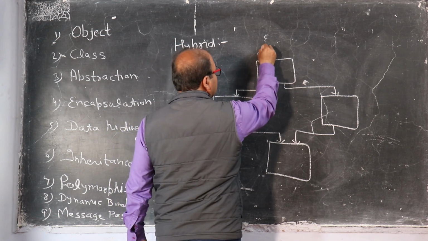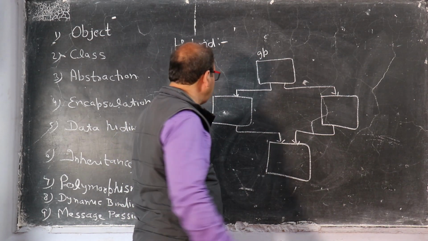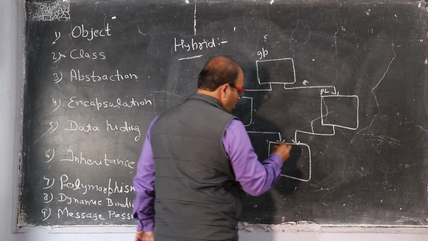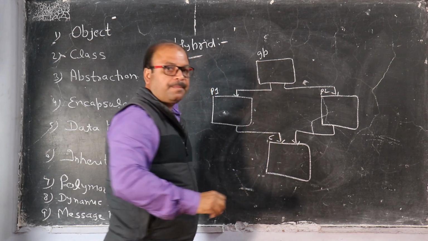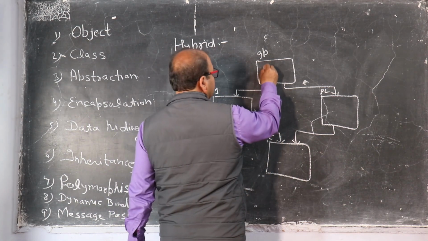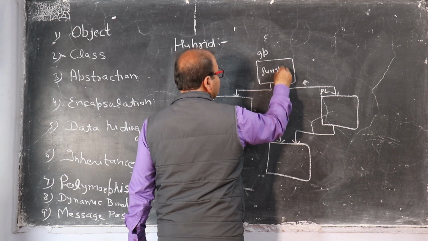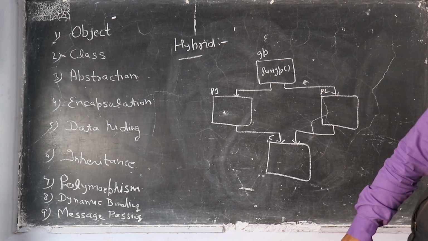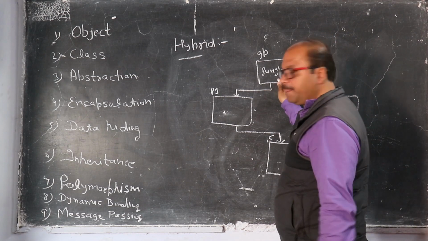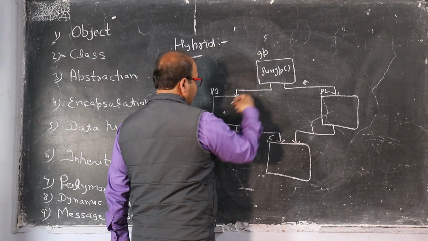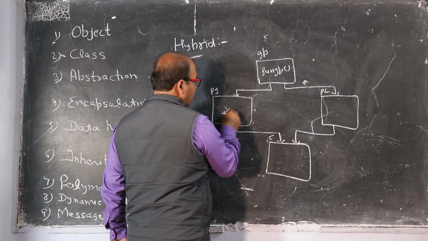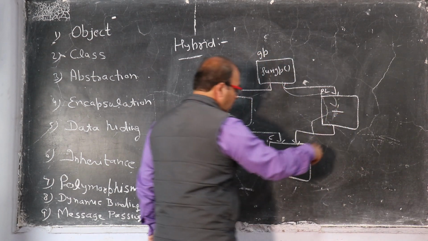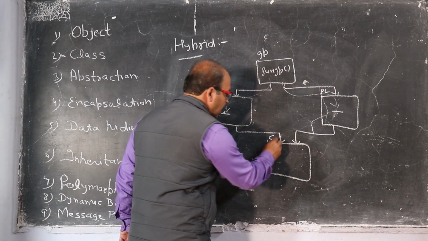Say this is the class grandparent, this is parent 1, this is class parent 2 and this is class child. Now if a function, say function GP, is declared or defined inside the grandparent class, this function is inherited in P1 and in P2 and further inherited in the child class.